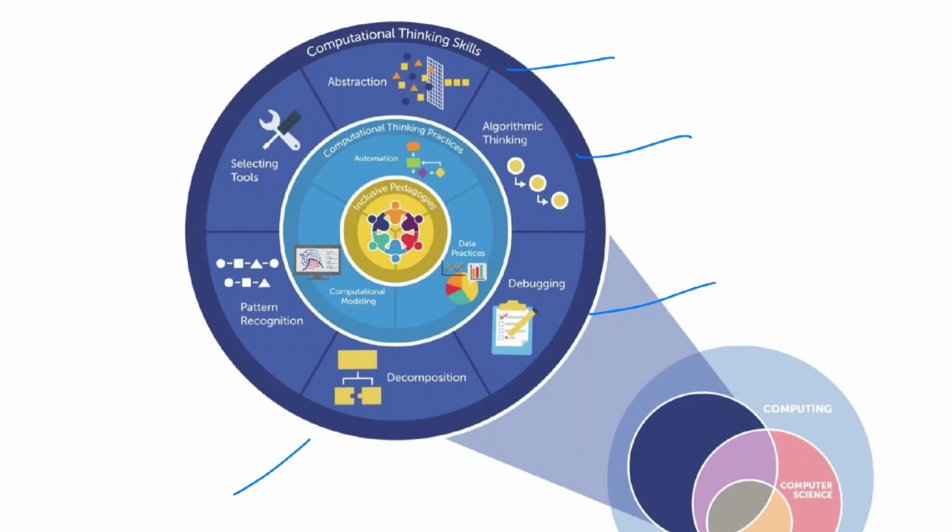Next, problem decomposition. If we have a complex problem, or you are going to do some calculations, you have to split it into addition and subtraction, for example. And then pattern: we have to recognize patterns. And if you are using some applications, you have to use the selecting tools.